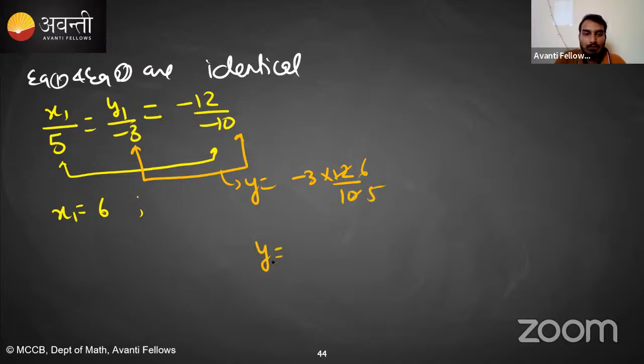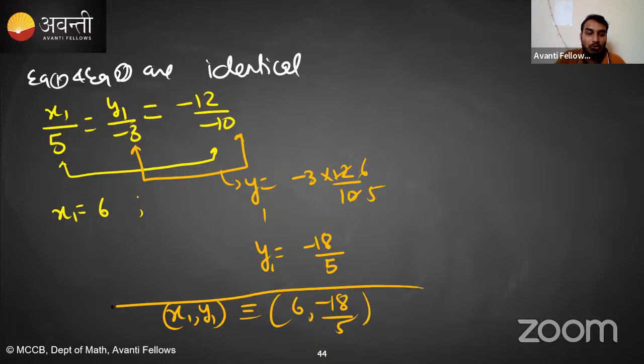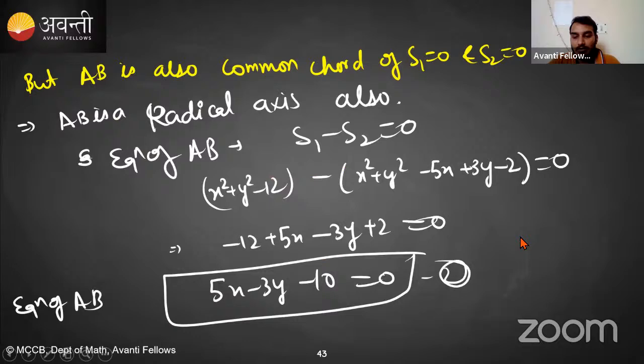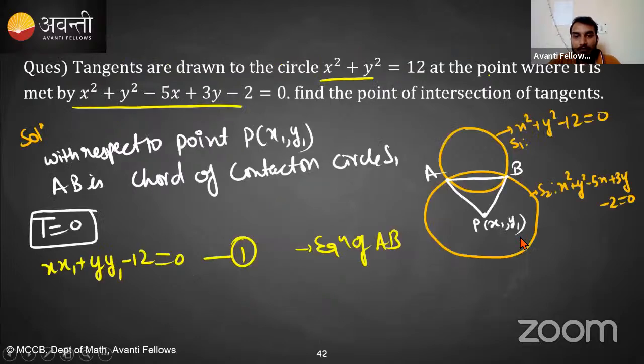So y1 is nothing but minus 18 by 5. So it implies x1 comma y1, that is point P, is 6 comma minus 18 by 5. So this is the point of intersection of these tangents. This is the answer. Is this clear, students?